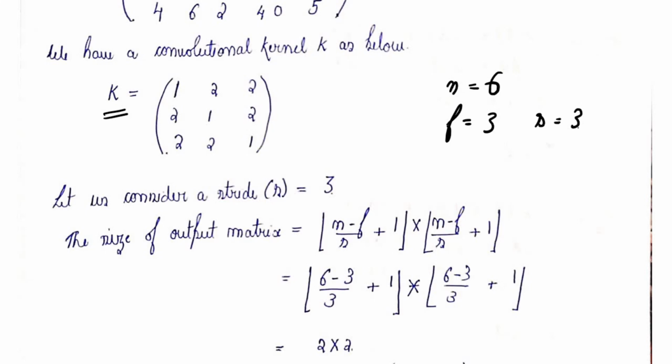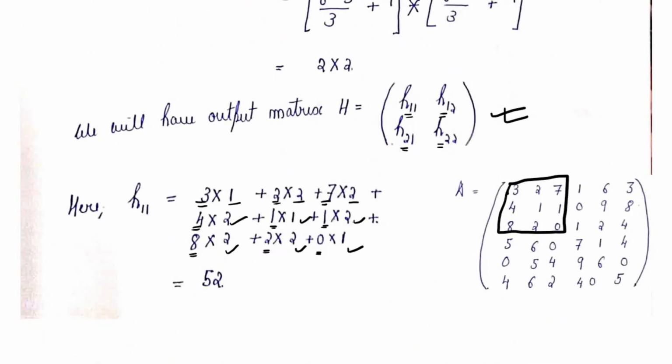We calculate the dot product as we did previously and obtain the first value, h11, as 52. The calculation of H11 is pretty straightforward, and it doesn't matter whether the stride is 3, 4, 1 or anything else.